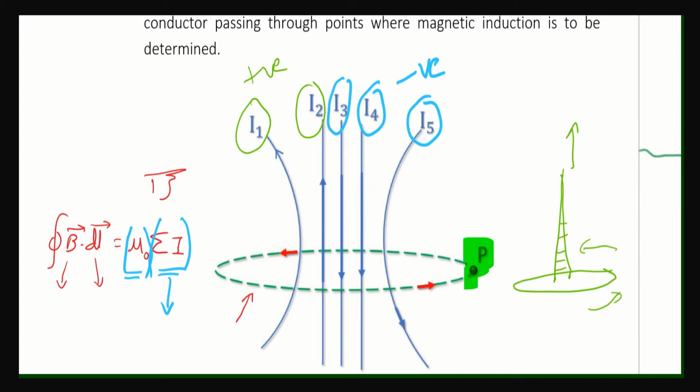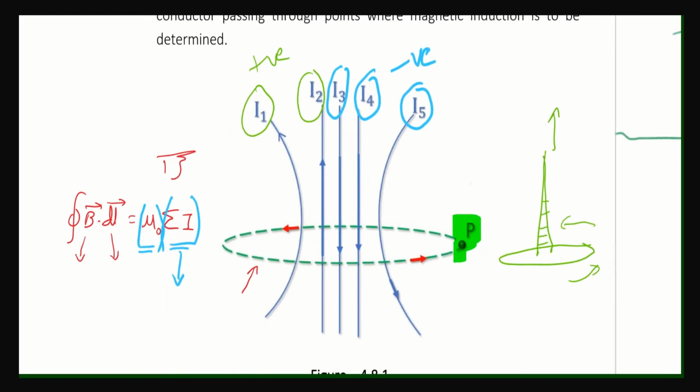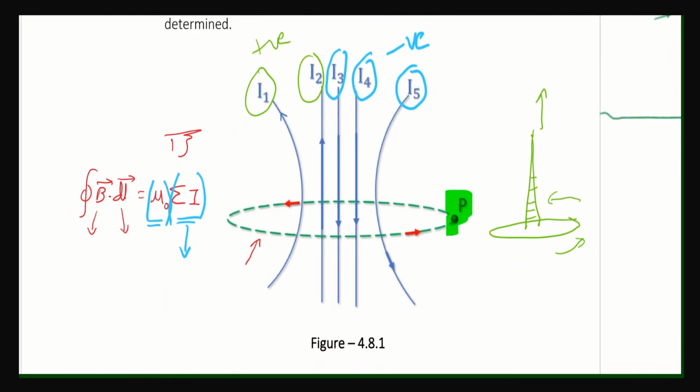And how do we determine which currents are positive and which are negative? For that we use the right hand screw rule. What is the right hand screw rule? Place the right hand screw perpendicular to the Amperian loop.